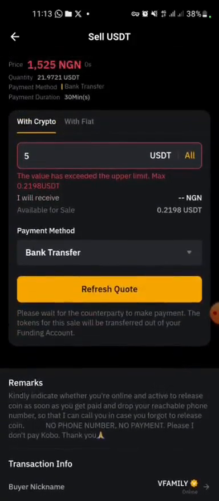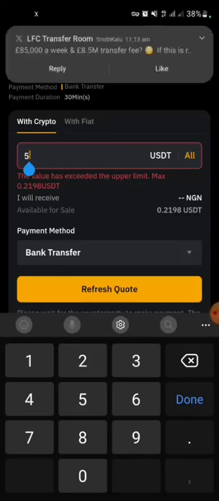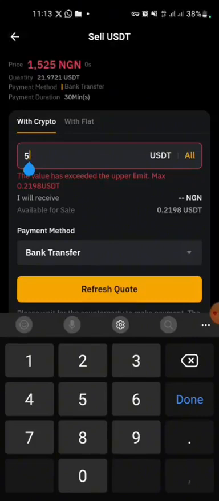So let's say you are using $5, and your money is about 7,290 naira 99 kobo. He will not pay that 99 kobo, rather he will send you 7,290 naira, so he doesn't pay kobo.